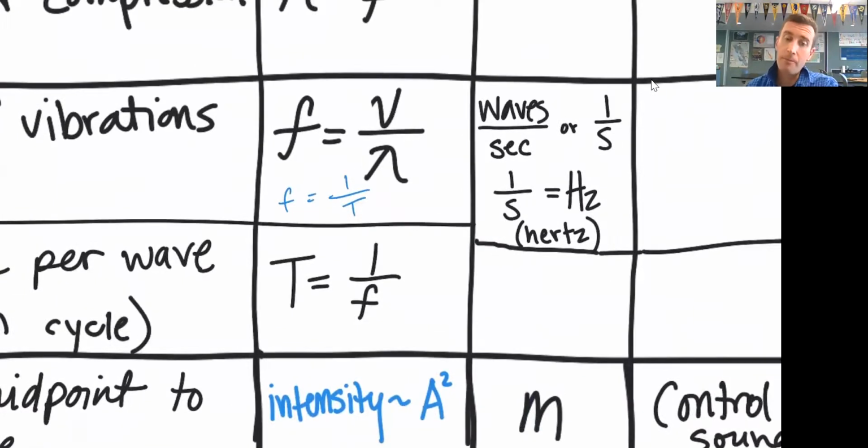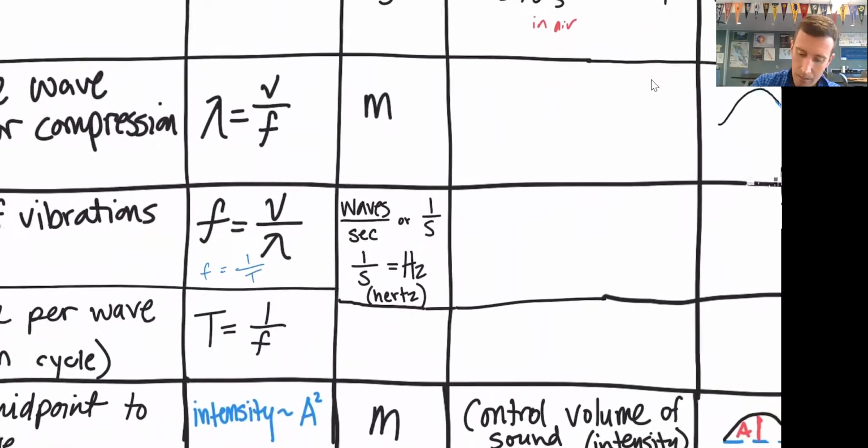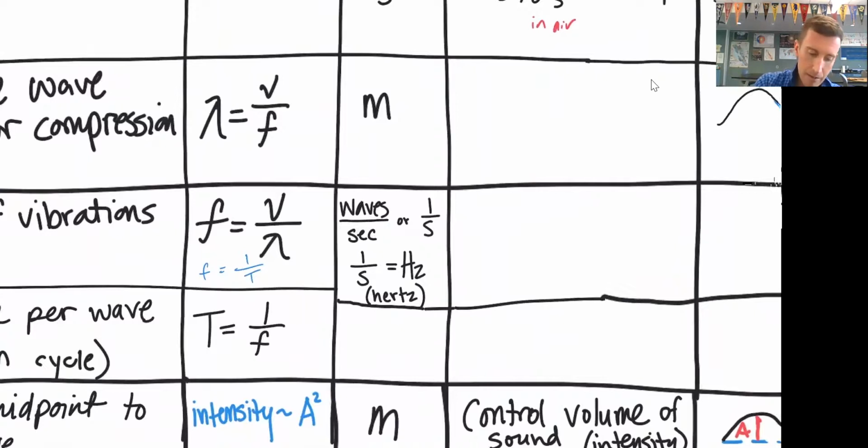Our equation for period is that period is 1 over the frequency, because remember, frequency was waves per second, period is seconds per wave. So the unit there, because it is a unit of time, would be seconds. So the period would be measured in seconds.